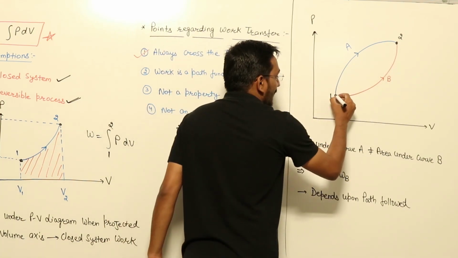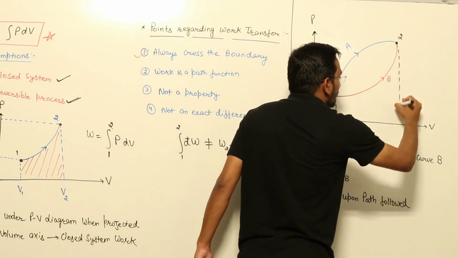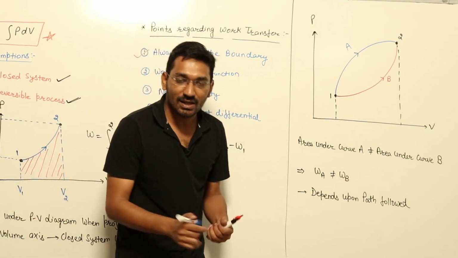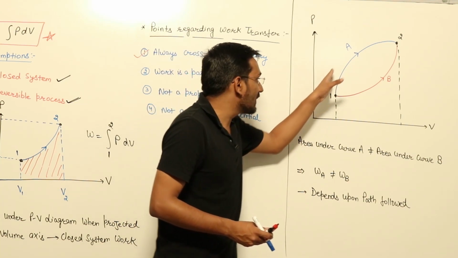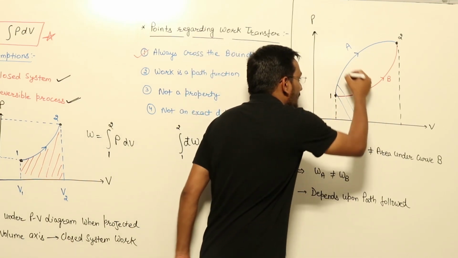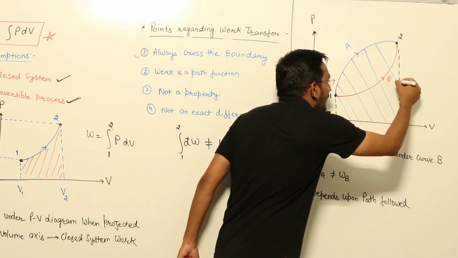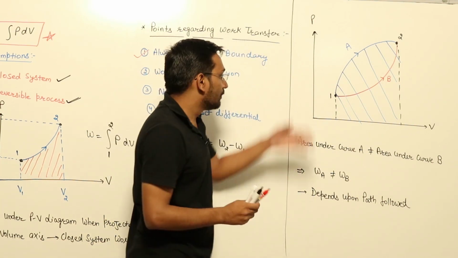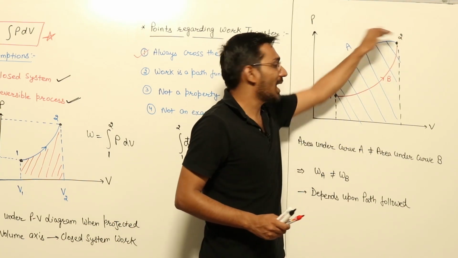If I project these curves on the volume axis, this is the projection. The work done by the system on the surroundings, when the process is A, is the area under the curve of process A. This shaded area will give you the work done by the system for the process 1A2 if it is taking this path.